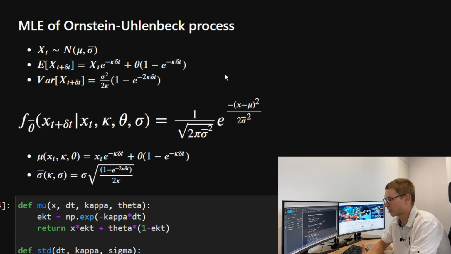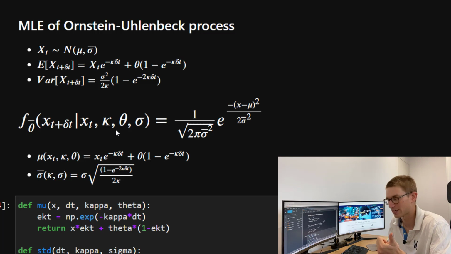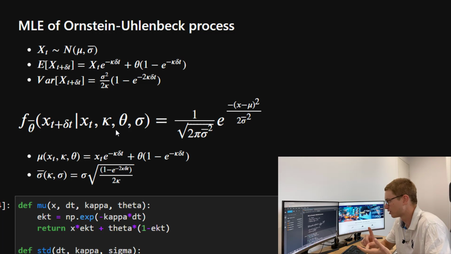So let's now consider what the actual PDF is of the Ornstein-Uhlenbeck process. Again, we've got this process here, which is normally distributed with this expectation and this variance. If we just remember back to the PDF of the normal distribution, which looks exactly the same as this, now we're parameterizing the normal distribution in terms of the parameters that we want. So we need Xt, which is the previous data point, we need kappa, we need theta, and we need sigma.